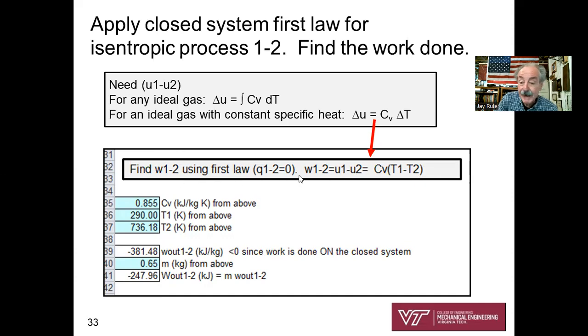So we flip the sign, and little w is simply CV, which is constant, times delta T, T1 minus T2. Calculator work: W out in kilojoules per kilogram, little w, is negative 381.48, multiplied by the mass to get big W, negative 247.96 kilojoules.